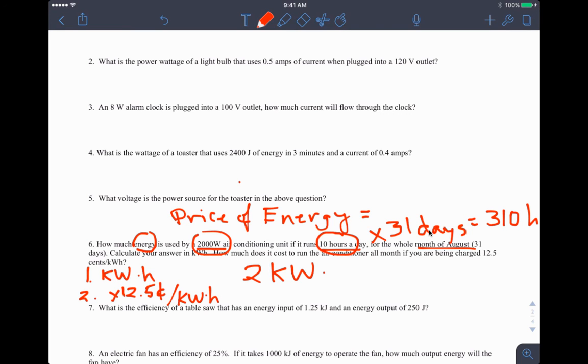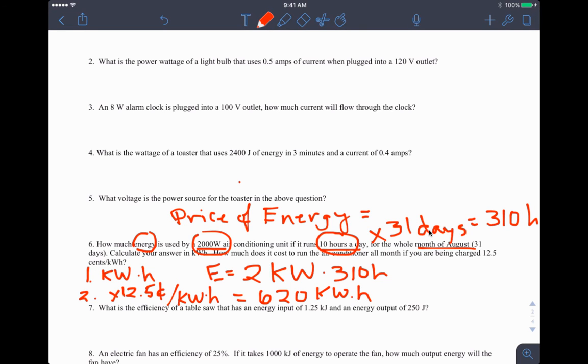So for my calculation, the total energy for step 1 is going to be 2 kilowatts times 310 hours. That gives me 620 kilowatt hours.